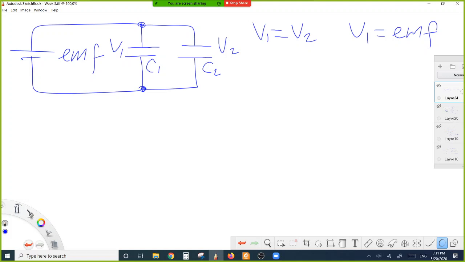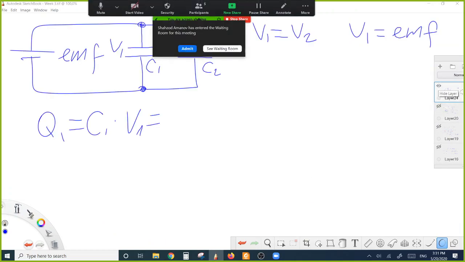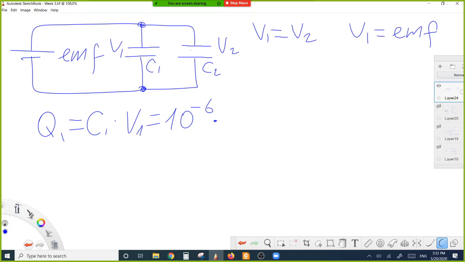And now we can find easily the charge in each capacitor. So the charge in the first capacitor will be C1 multiplied by V1, where C1 is equal to 1 microfarad. So 1 microfarad is 10 to minus 6 multiplied by V1.